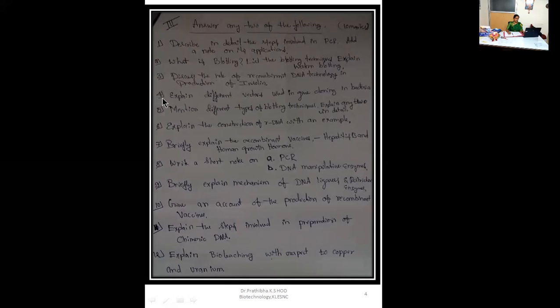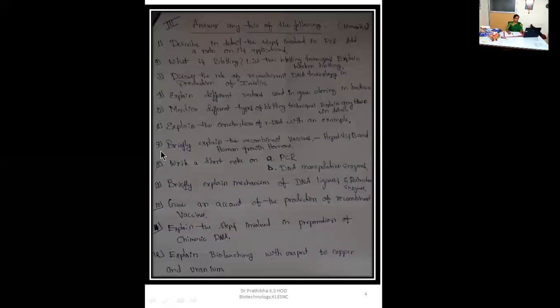Fourth question, explain different vectors used in gene cloning in bacteria. Fifth question, mention different types of blotting techniques. Explain any two in detail. Sixth question, explain the construction of recombinant DNA with an example.